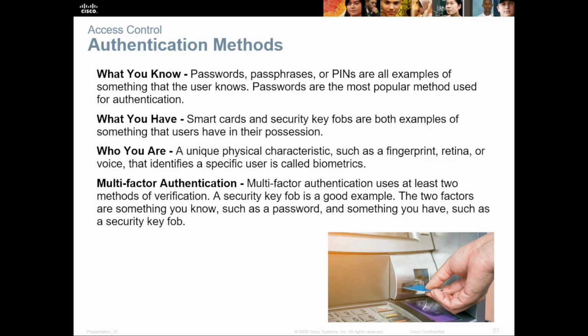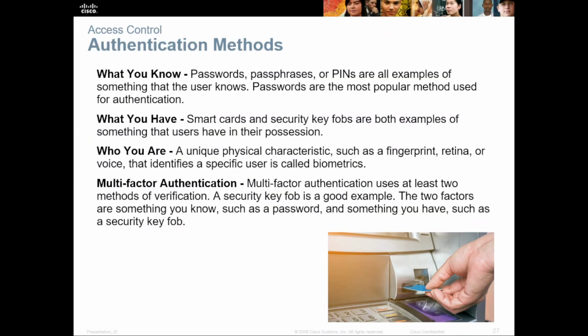Another thing is what you have, which could be your smart card or your security key fobs. So these are things that are supposed to be in the possession of only the user. And the last one is who you are. So this could be a unique feature or physical characteristics of the subject, which could be your biometrics. So biometrics is either your fingerprint, retina scan, voice, or facial information.